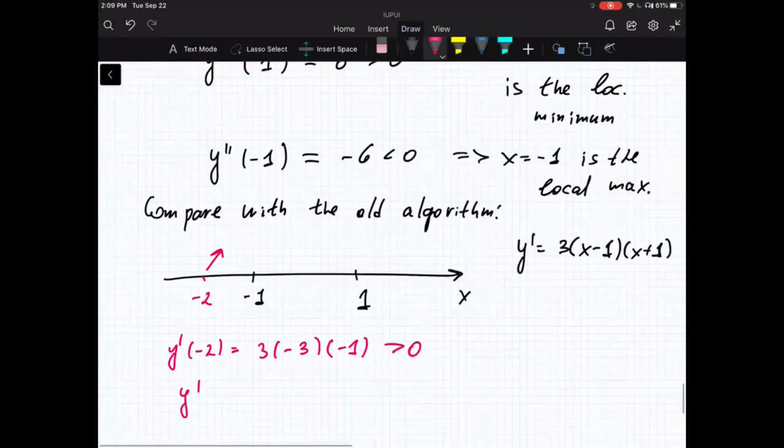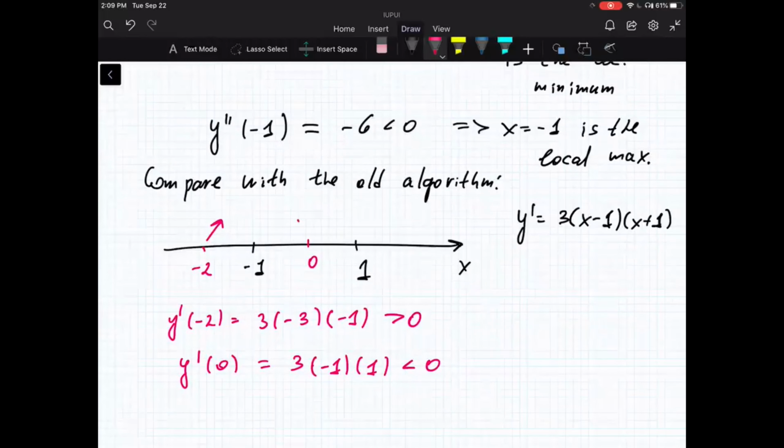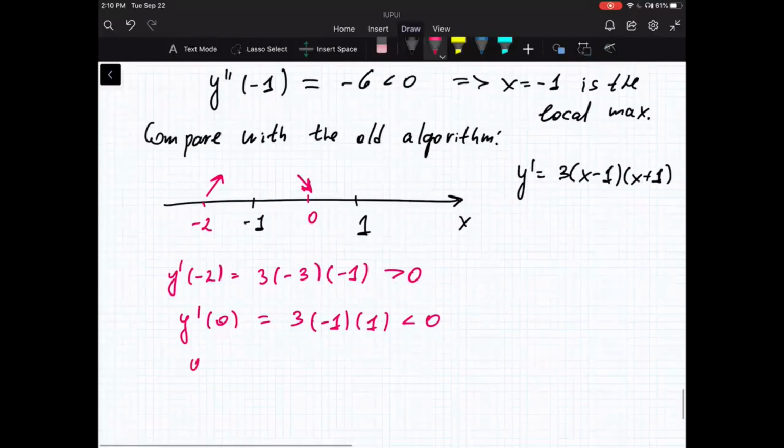Here I will choose test point 0. Y prime at 0 will be 3 times minus 1 times 1, which is negative, so the function is decreasing on the whole interval. For this interval, I will choose, say, 2.